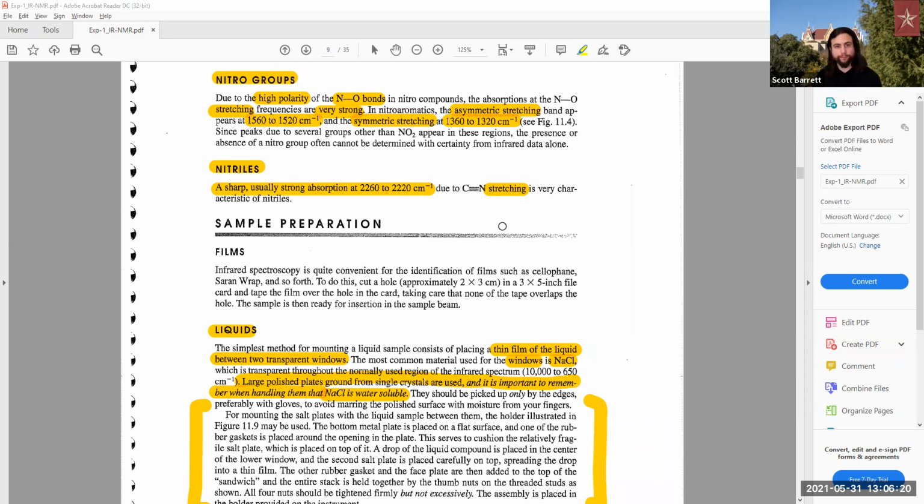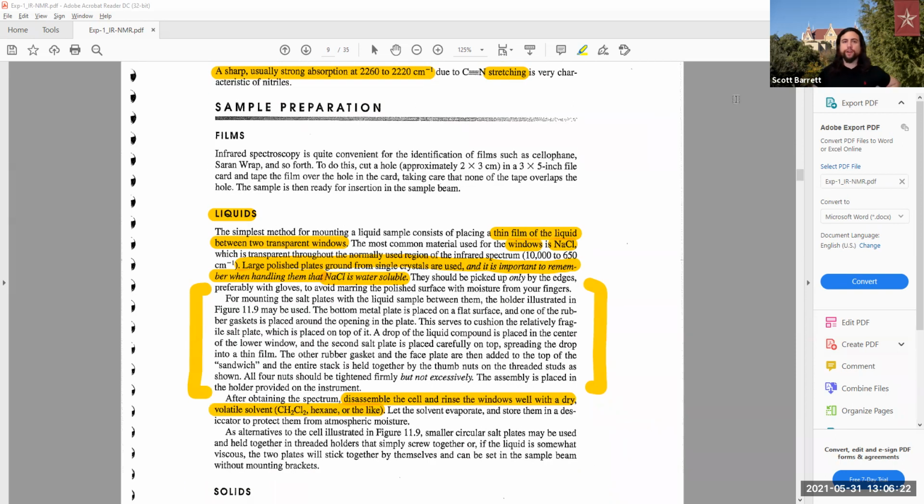Very important. So now that we've gone through all of the important functional groups, I would like to discuss how to analyze or prepare your samples for running an IR. In this instance, there is one method for films that we most likely won't be doing.